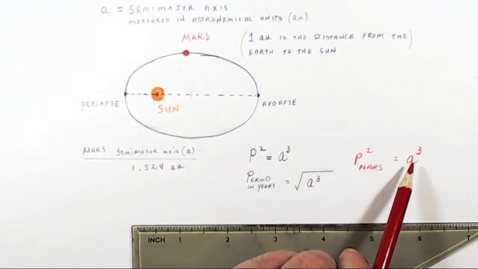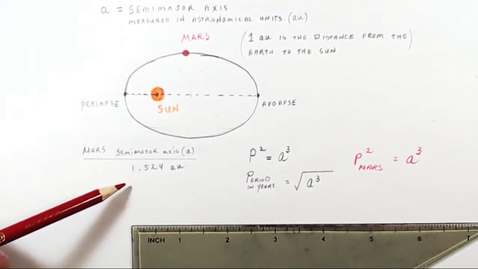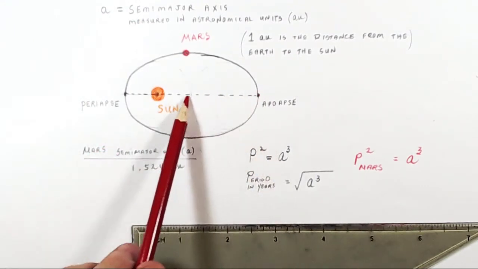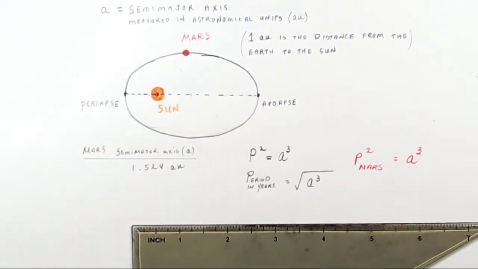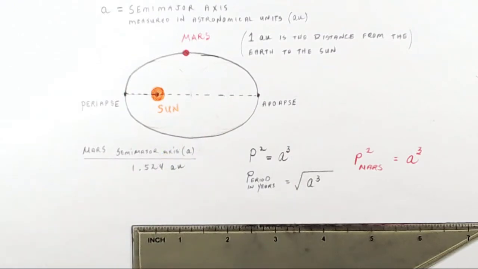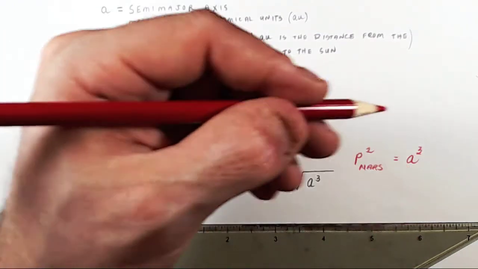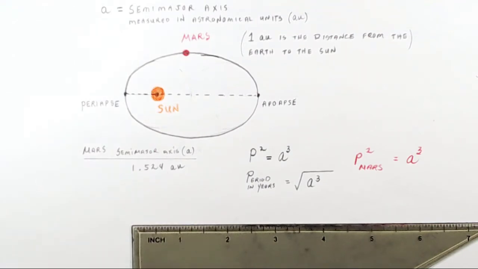Well, we know this. We know the semimajor axis, or this whole distance right here, for Mars, from the periapse to the apoapse for Mars, is equal to 1.524 astronomical units.